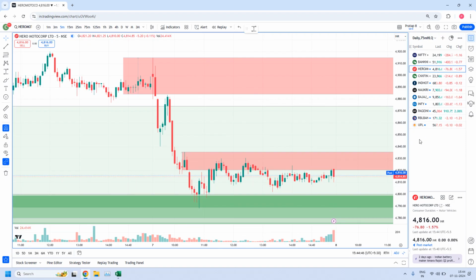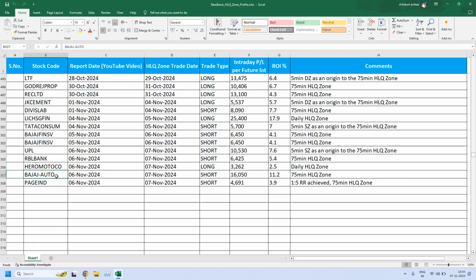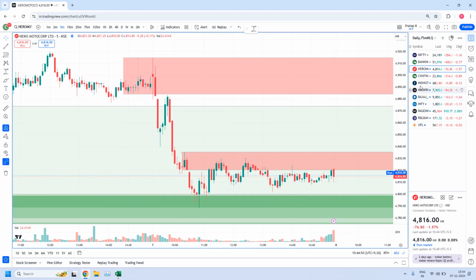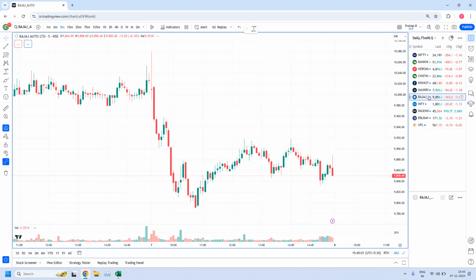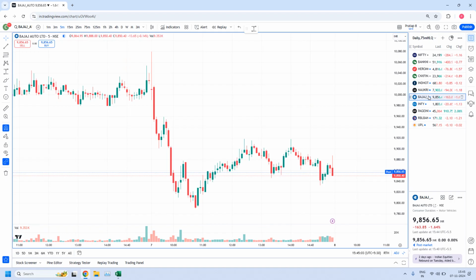And the next one is Bajaj Auto. Bajaj Auto gave the trade in the 9:15, 1 minute candle. That's why for many people the trade would not have been executed. The reason is that intraday traders mostly avoid the 9:15 candle. Even some people take a risk.